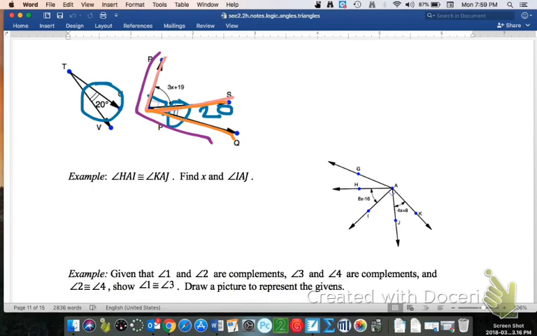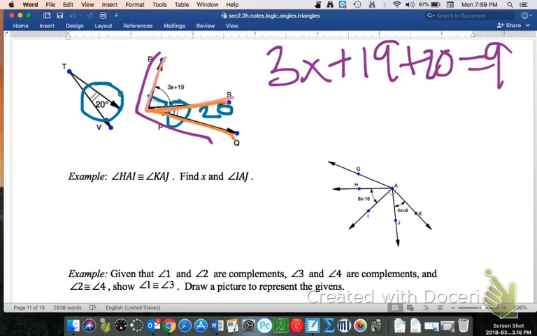So if we do 3x plus 19 plus the 20, that has to equal the 90 degrees, and we know it's 90 degrees because it makes a right angle. So if we do the 19 plus the 20, that gives us 3x plus 39 equals 90.